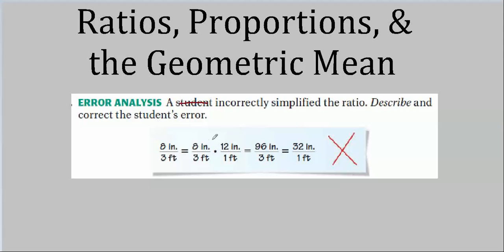Why? Well, you can set up dimensions very much like fractions and then cancel them. For instance, I would probably just insert 36 inches in here and simplify the ratio from there.